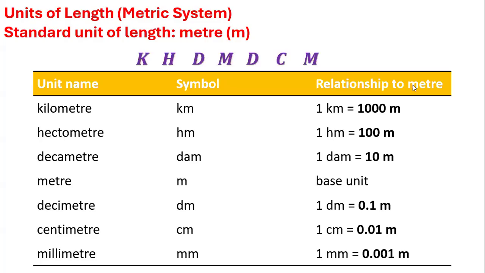Yes, relationship to meter. Some people spell meter with an E-R, and some people spell it M-E-T-R-E. So there are different ways to spell it. The British way is the R-E, and the American way is the E-R. Same thing with color. How do y'all spell color?